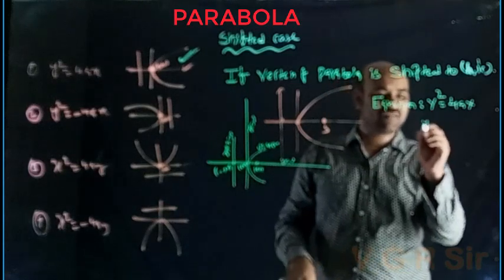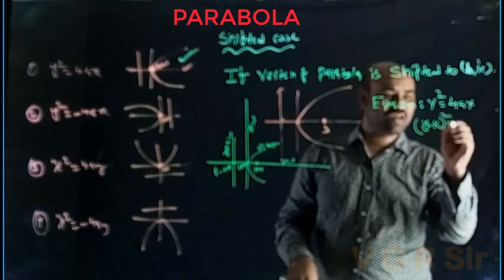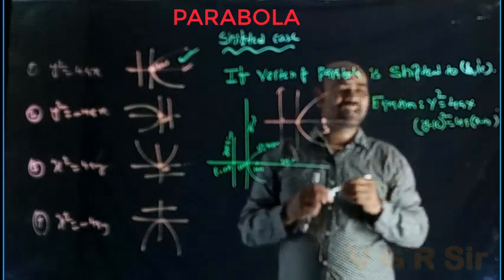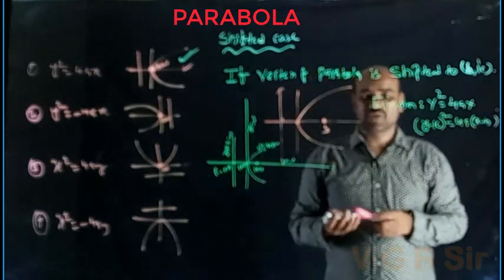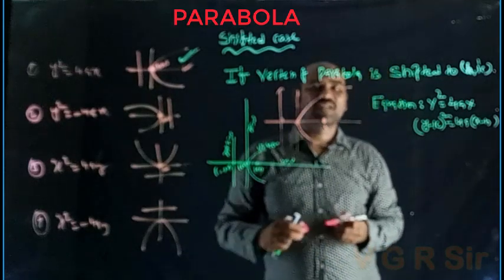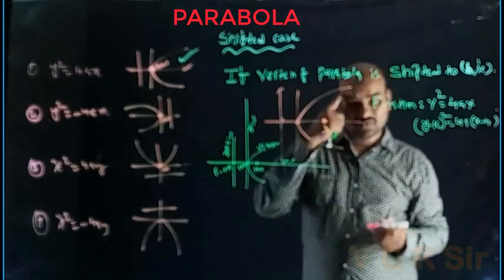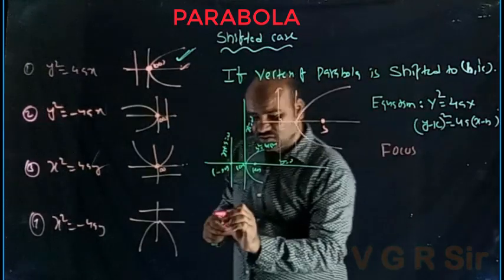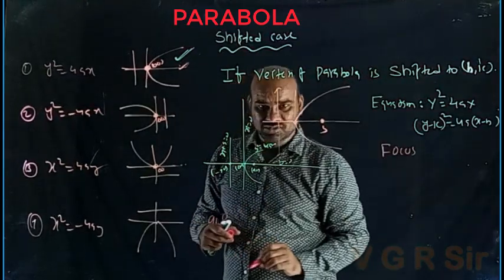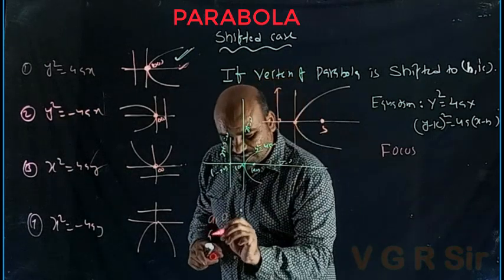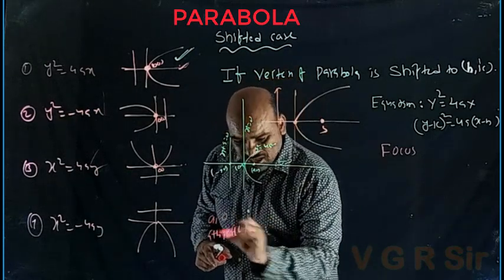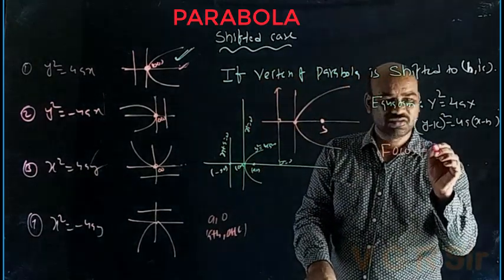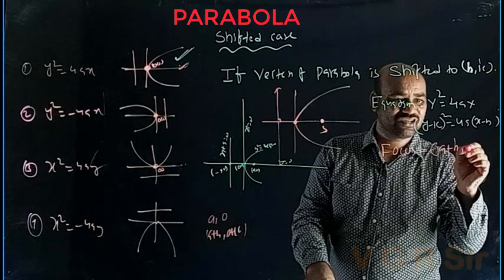The transformed equation is small y minus k whole square equals 4a into small x minus h. This is the transformed equation of the parabola y square equals 4ax when its vertex is shifted to h comma k. Okay, focus. Students, the old focus is a comma 0. The new coordinates of the focus are a plus h comma 0 plus k. So I can write focus equals a plus h comma k.